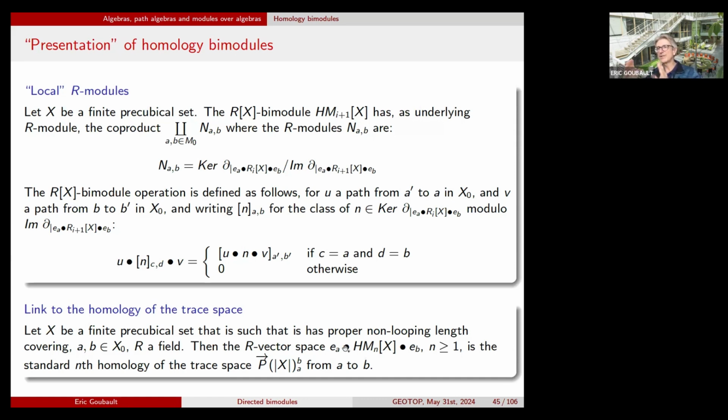So between two points A and B, the homology of the dipath space, which we know thanks to the work of Krzysztof Szymanski, is equal to the homology of the topological space of directed paths from A to B. But then the algebra bimodule operation from NAB to NA'B' is going to be compatible with the classes in the corresponding modules.